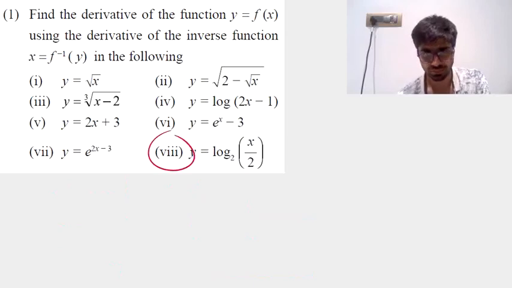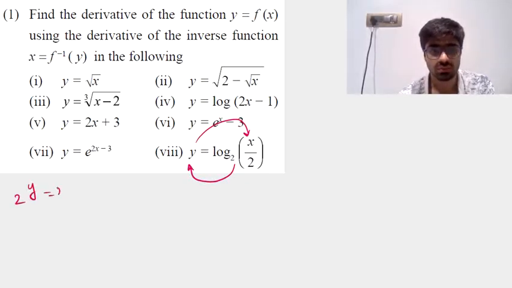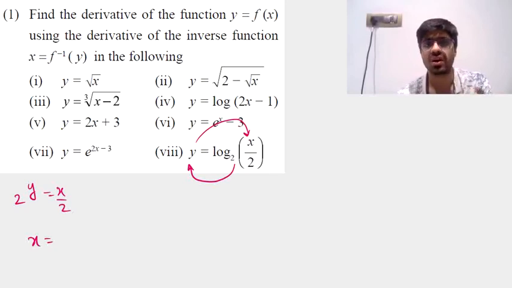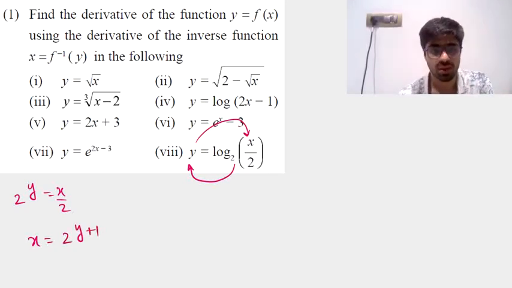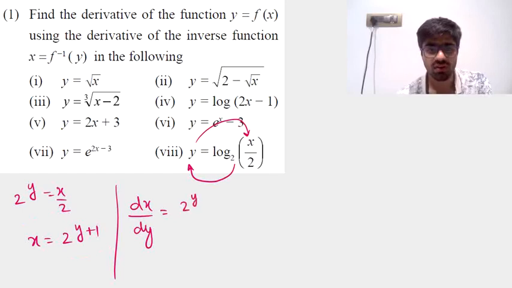And that's how we are answering the seventh question. Going ahead with the eighth one, 2 power y will be equal to x by 2. So x will be equal to 2 into 2 power y, which is equal to 2 power 1 into 2 power y, that's 2 power 1 plus y, or 2 power y plus 1. Taking a derivative, we have dx upon dy as 2 power y plus 1 into log 2.